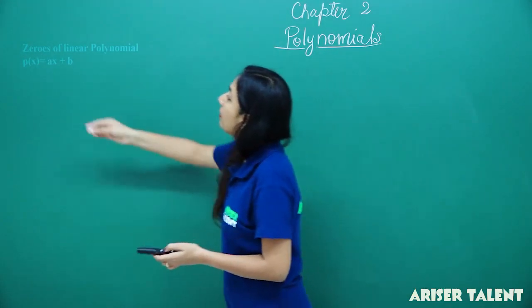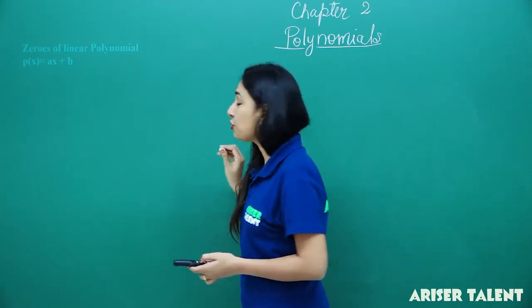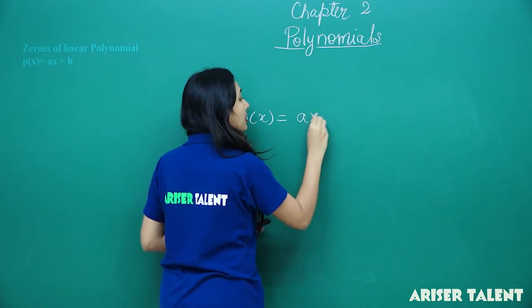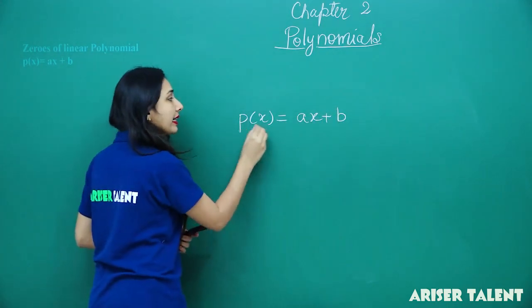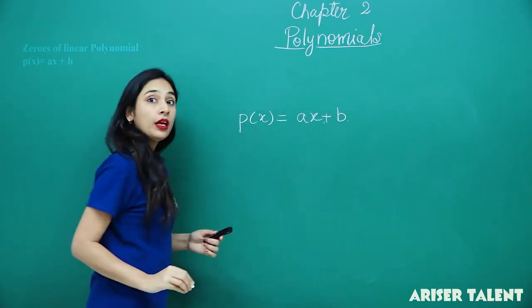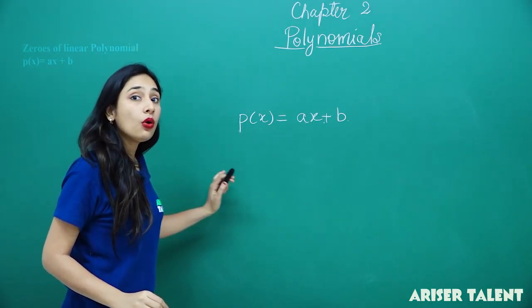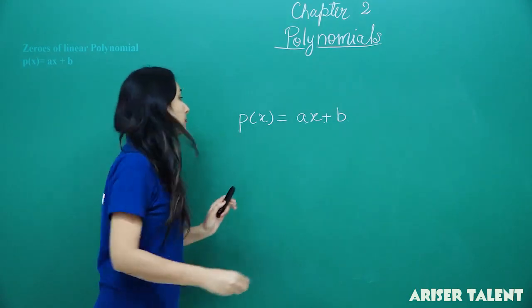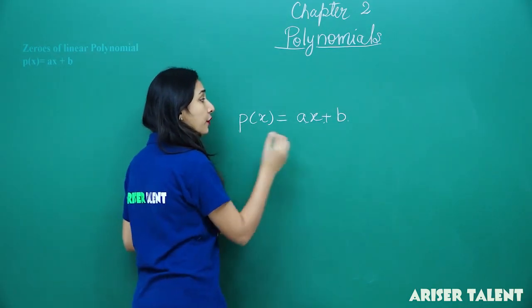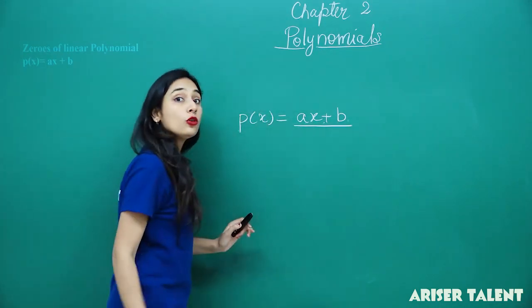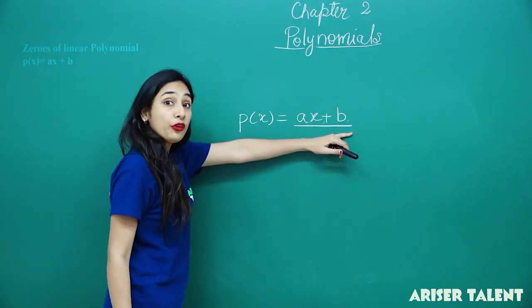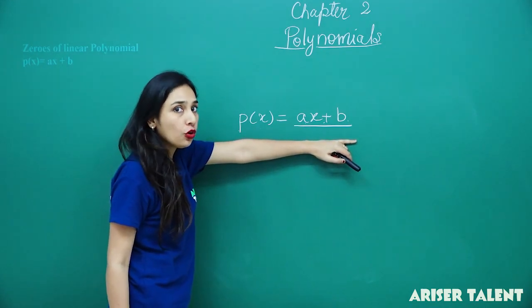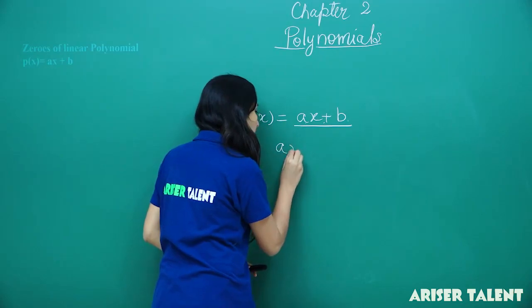So if I talk about this particular equation, that is p(x) equals ax plus b, now if I have to find the zero of polynomial of this equation, how will I do that? Simple. If it has a zero, then the value of ax plus b will be 0, right? This is the meaning.